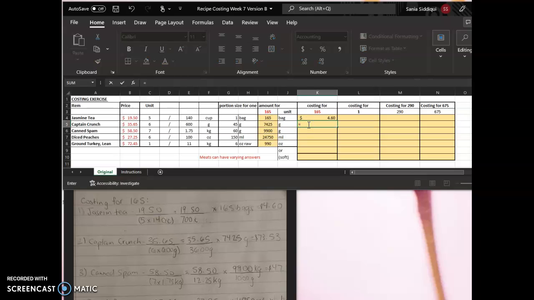Similarly, we will take our price per unit and divide it. This time, we will take the number of units, 6, and multiply it by 600 grams, because there are 600 grams per unit.